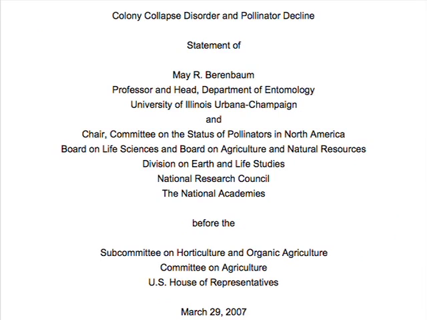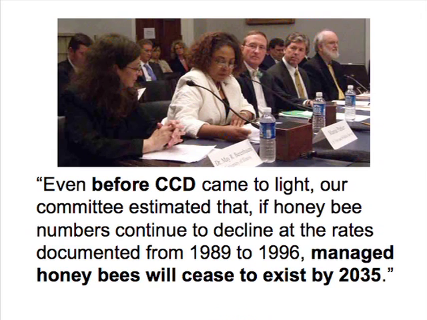So CCD, colony collapse disorder, started in 2006. This report was made in 2007 to Congress by this really famous entomologist, and you have her credit up there. When she made that report, it was before CCD actually happened.